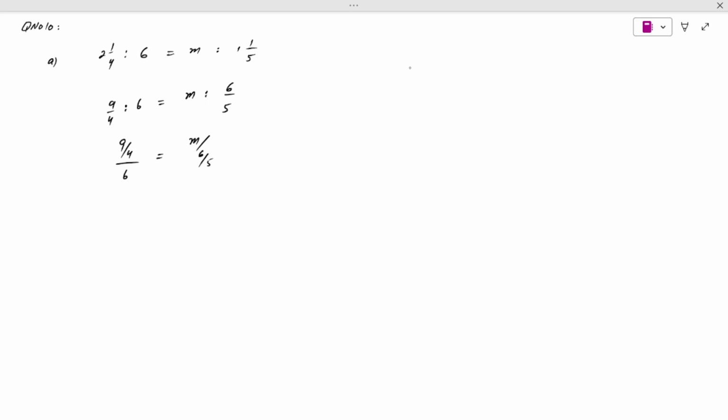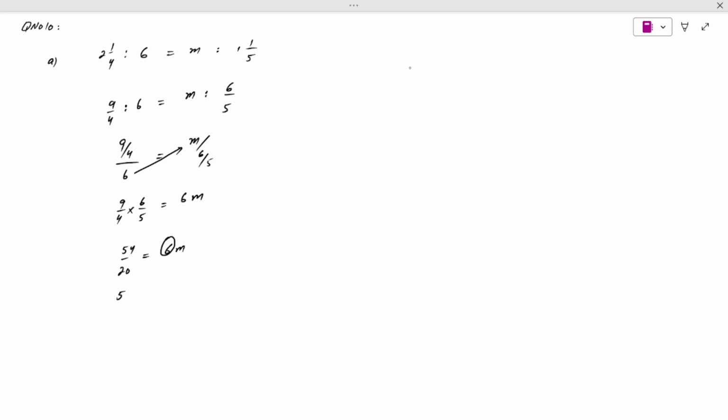By cross multiplying them, we have 9 over 4 times 6 over 5 equals 6 times m. This 6 will be multiplied with m. So 9 sixes are 54 and 5 fours are 20. This is equal to 6m. Let us divide by this 6 on the left side.